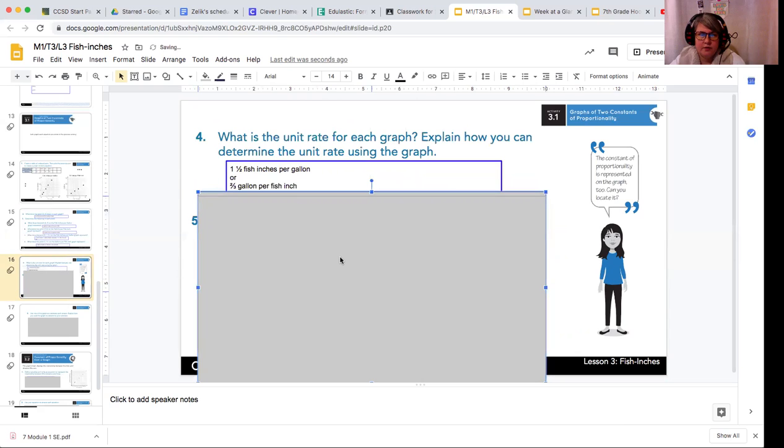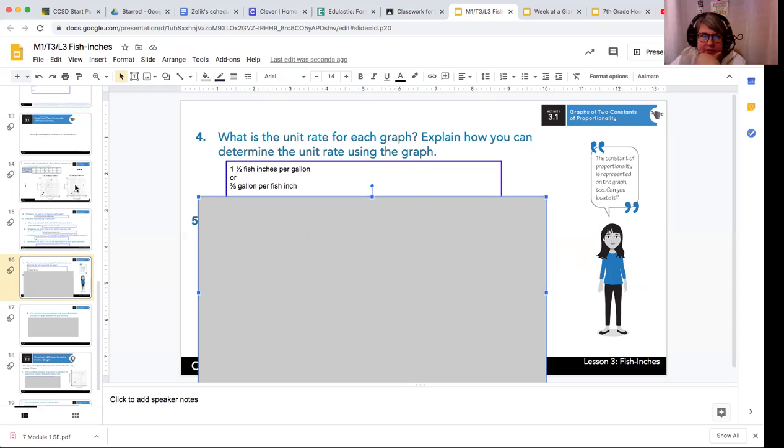So either you're dealing with 1.5 fish inches per gallon of water or 2/3 of a gallon of water for each fish inch. So 2 different unit rates you could have.